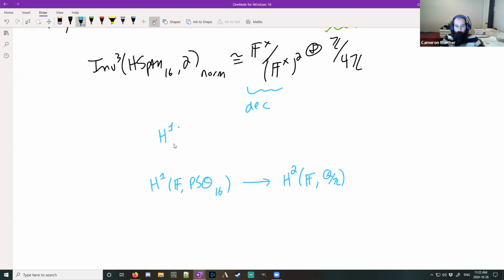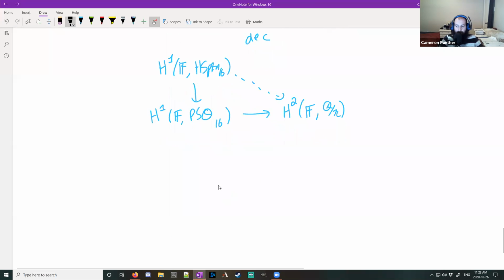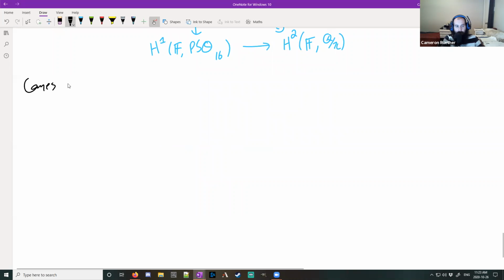And if you look at this composition, you find that you get the same description. These degree 2 invariants for PSO will be isomorphic to F mod its squares. And through this sort of pullback, HSpin has the same decomposable invariants. But this is coming from a splitting of the sequence.